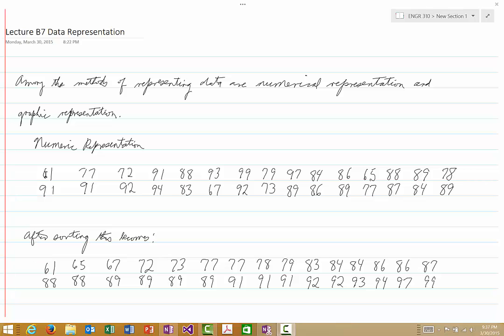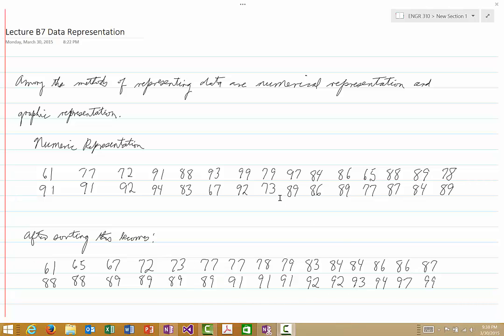But for your initial representation, it is appropriate to report your data in exactly the order in which it was recorded. So here is our data, and this is an example of numeric representation because we've just listed the numerical values of our data. And then, when we sort this data, we get this set here.